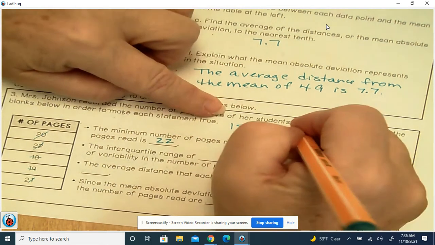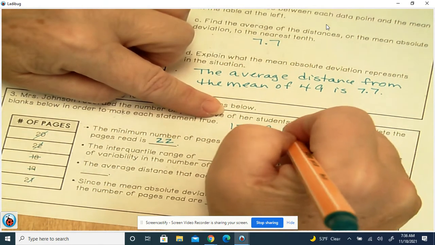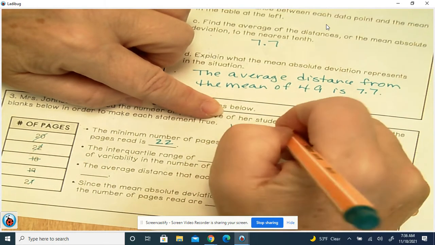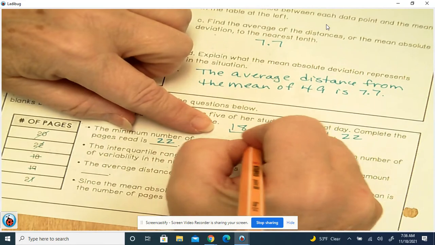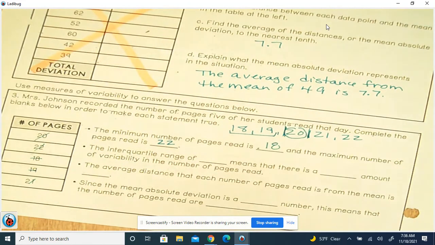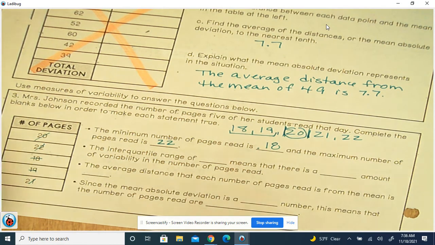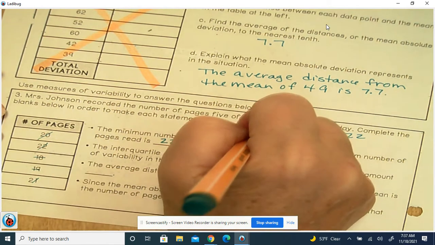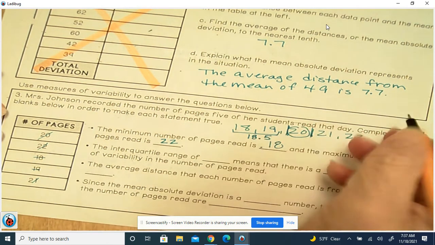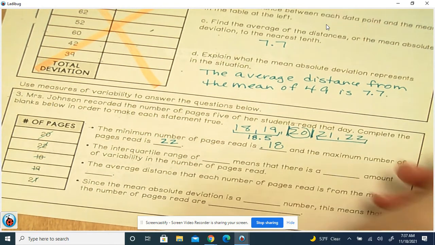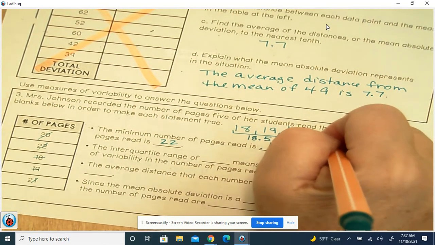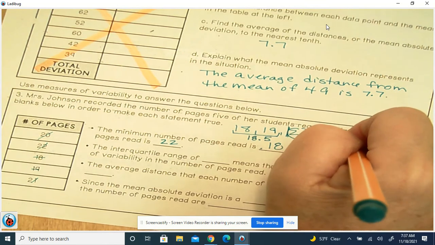All right, if we're looking for the interquartile range, so if we got, here's the median. All right, so we split that data. There's only 2 numbers, so we would add these 2 together. So 18 plus 19, and we get 37, and divide that by 2, you get 18.5. And then 21 and 22 gives you 43, and divide that by 2, you get 21.5.